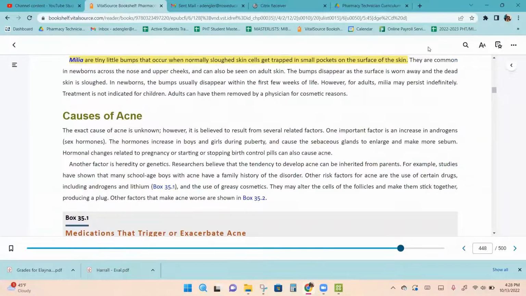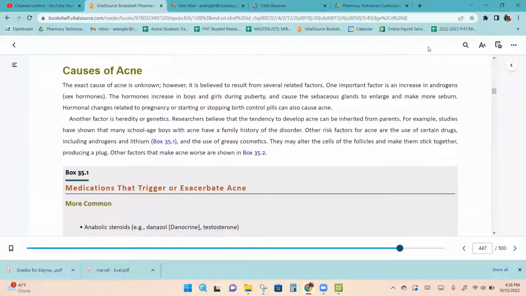So, medications and causes of acne. Like we talked about, acne is way more prevalent in your adolescence, especially during puberty, because the hormones are increasing in both males and females. So, of course, you're going to be more susceptible to acne during that time in your life.